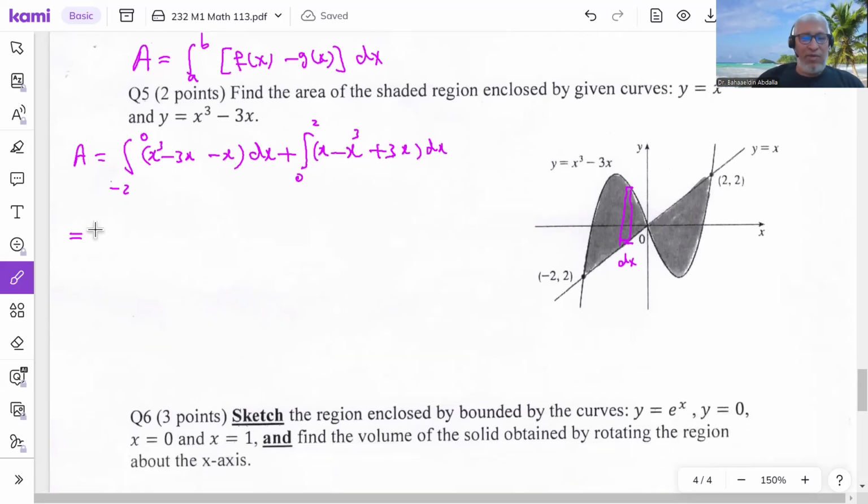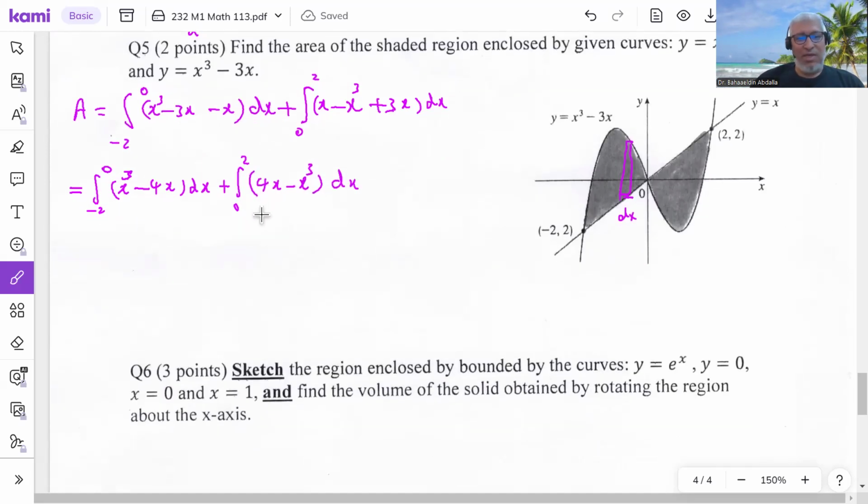So I'll have integral from negative 2 to 0 of x cubed minus 3x minus x, which is minus 4x. And here from 0 to 2, x plus 3x is 4x minus x cubed.